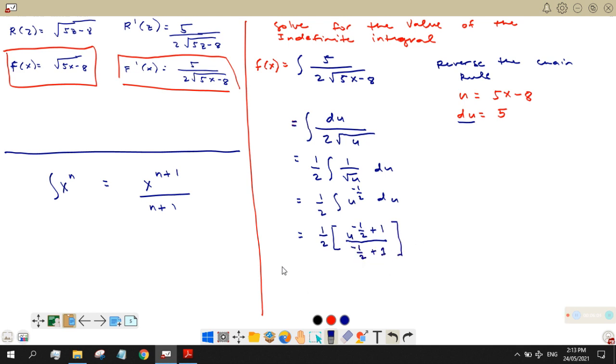Ayan, tanggal na si du. So, we have 1/2 times u raised to negative 1/2 plus 1 is 1/2 na lang. And then, for the denominator, negative 1/2 plus 1, 1/2 ulit. So, simplify natin siya.